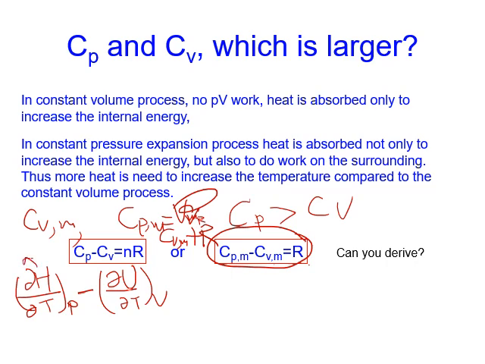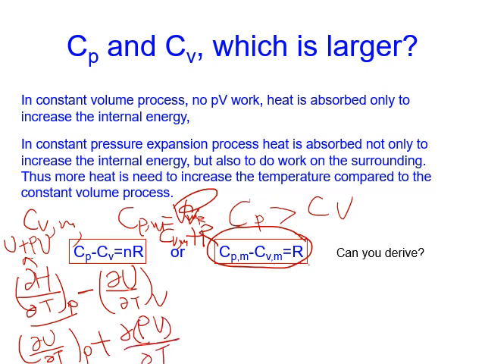So enthalpy is defined as U plus PV. So this one is the internal energy derivative over temperature under constant pressure, plus the PV derivative over temperature under constant pressure.